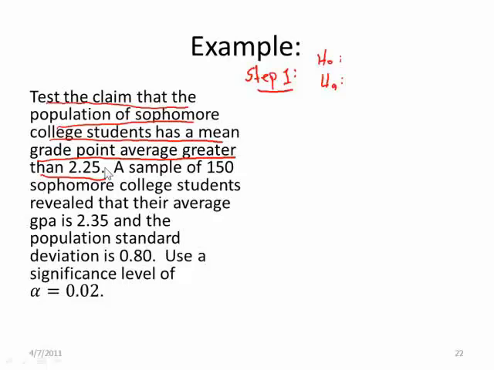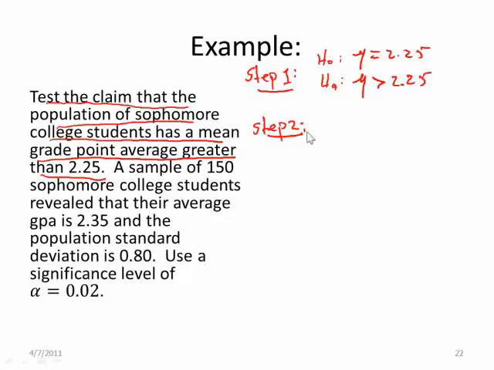So is that first sentence a sentence of difference or non-difference? Of difference. So is this going to be the null or the alternative? The alternative. So our alternative is going to be mu greater than 2.25. So that means our null hypothesis is mu equals 2.25. Remember, the null hypothesis is a statement of no difference.